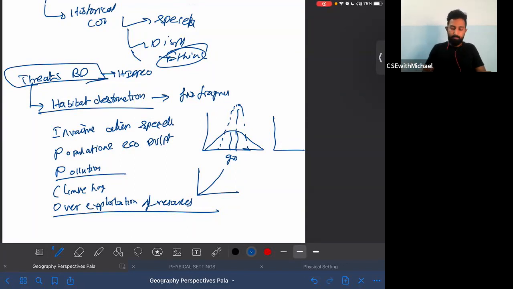Okay, clear? Several examples can be given. For example, habitat destruction and decline of elephant population in India is one example. Earlier it was spread throughout India, but habitat destruction created different islands of forest area.